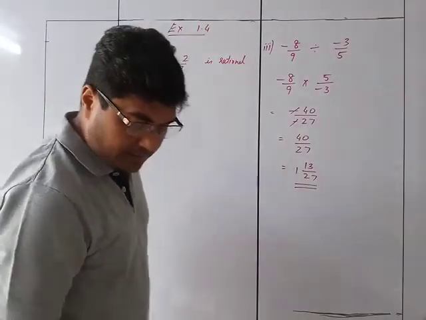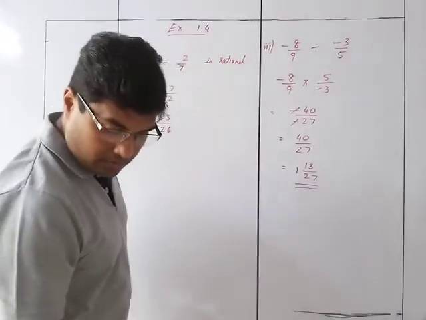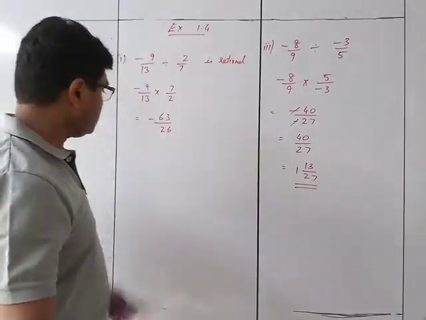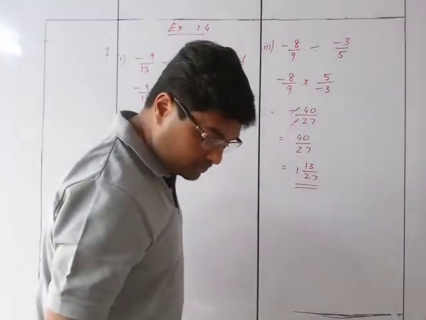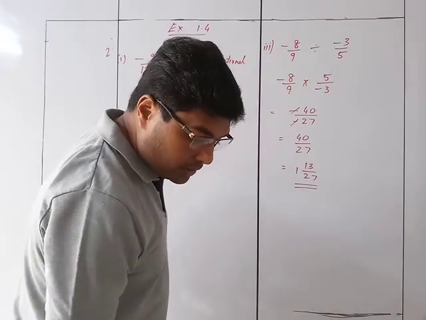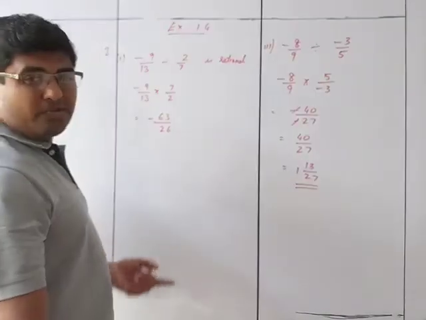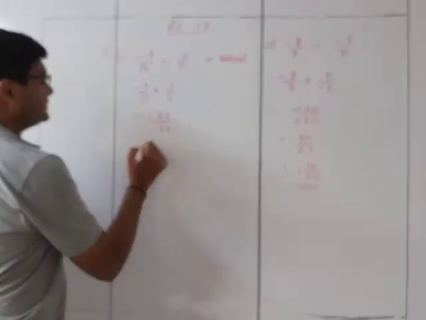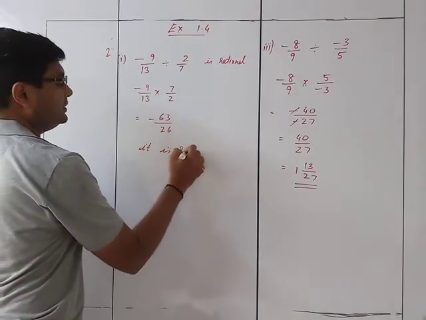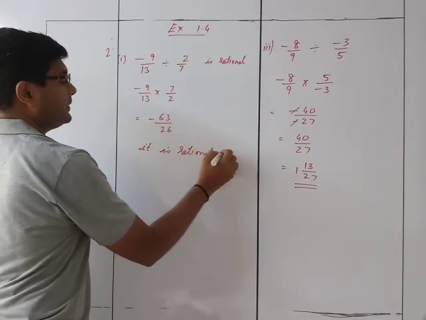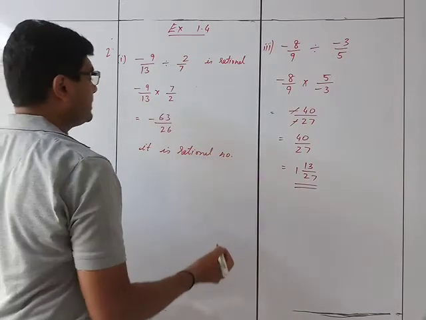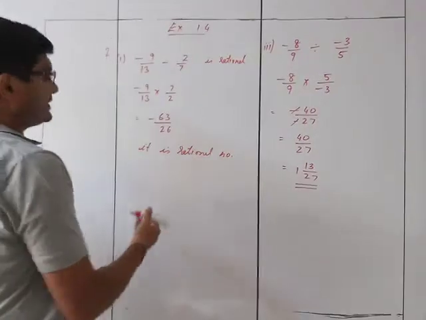So the first part, you can see it's a rational number. Here you can see it's a normal fraction, so that's why it is a rational number. This is not an imaginary number like root of something, so it is a rational number.